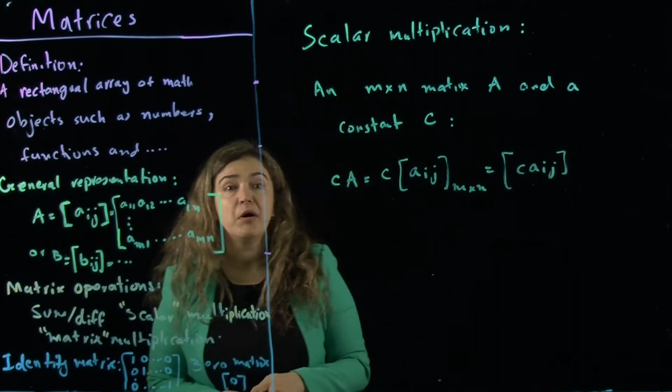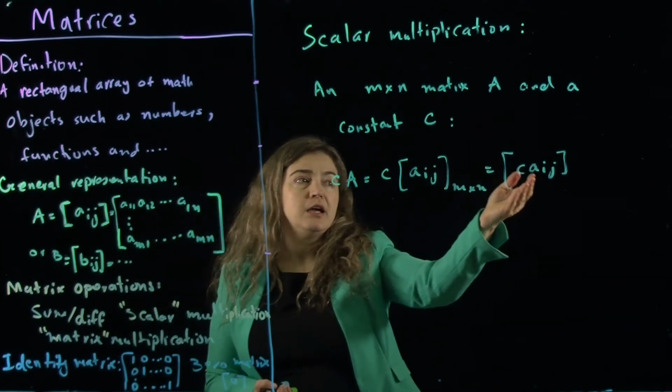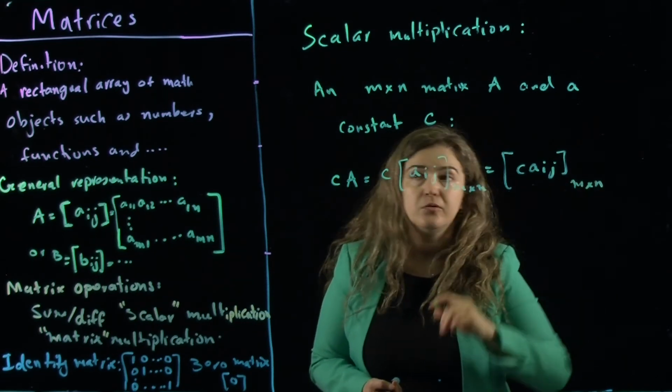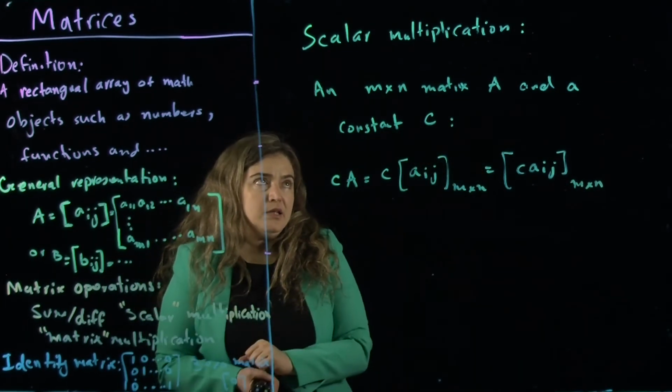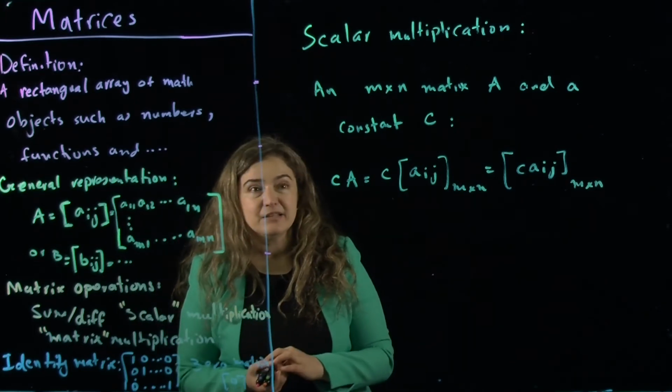So basically, I multiply every entry in the matrix by that constant or that number, or whatever else you have in mind.